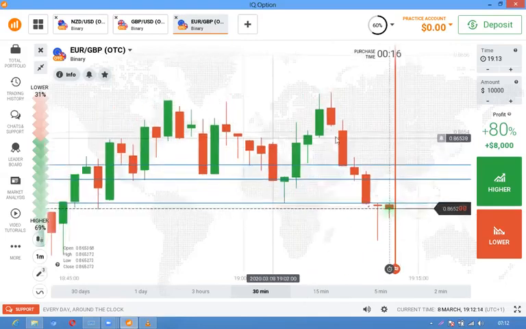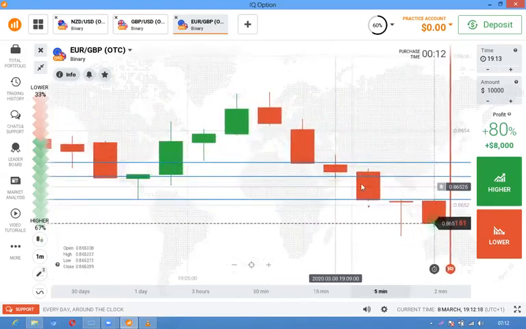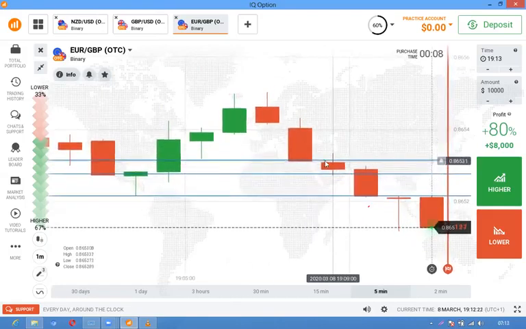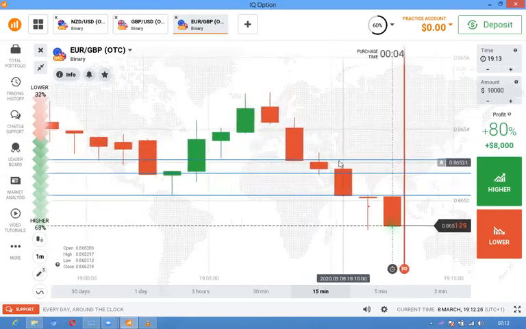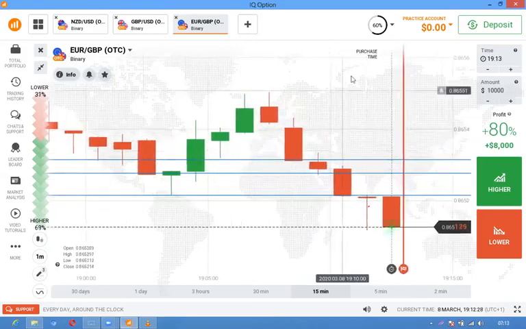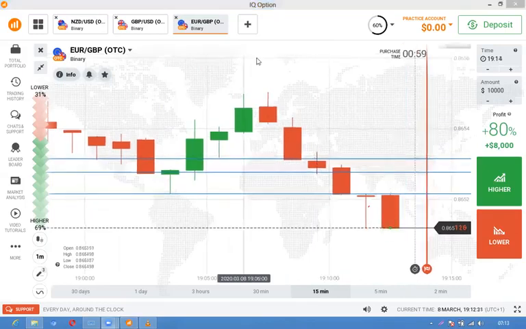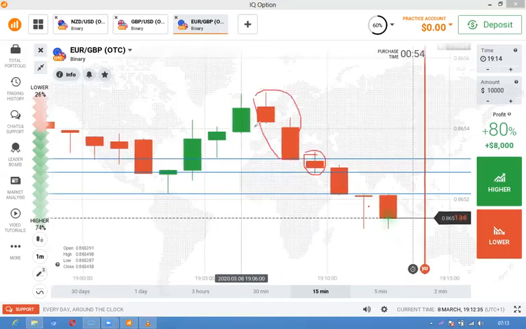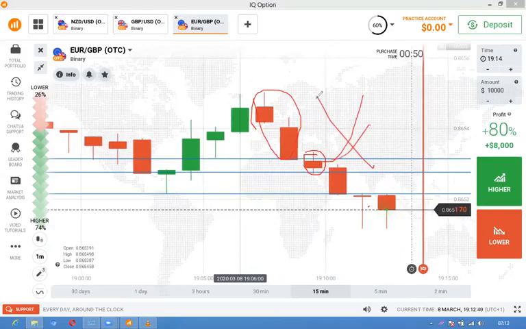You might see this spinning top candle come here, but it didn't reverse. You might say, oh, this spinning top candle came at the support level, so it will reverse. But still, it went down. At this time, this spinning top candle is a continuation of this bearish downtrend, not a reversal.